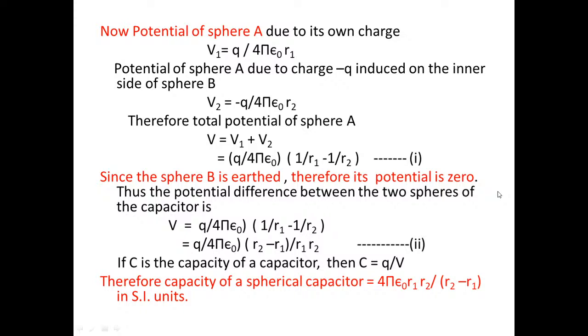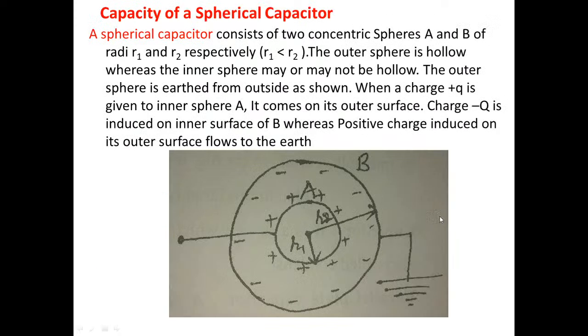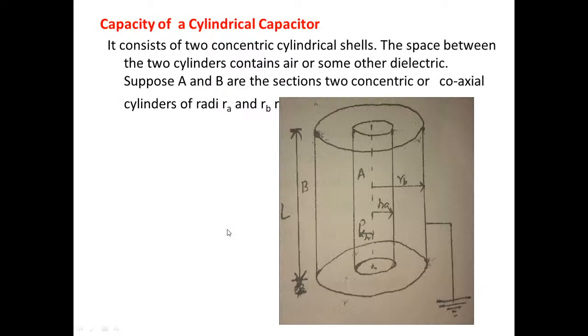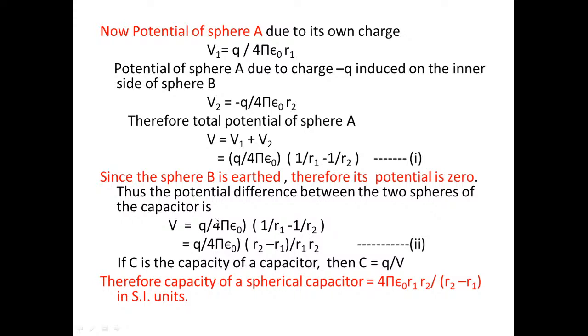If C is the capacity of the capacitor, then we know that C is equal to Q upon V. Therefore, capacity of spherical capacitor will be equal to 4 pi epsilon naught R1 R2 upon R2 minus R1 when outer surface is earthed. In SI units, the capacity will be in farads.